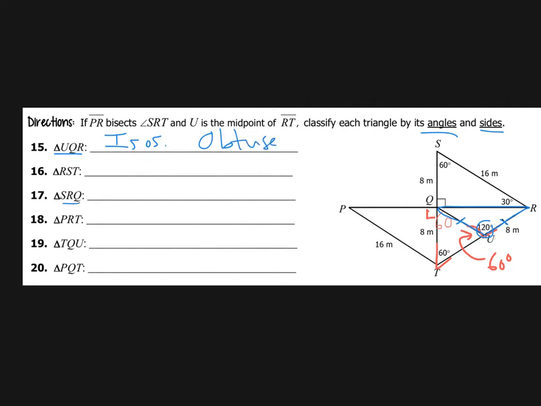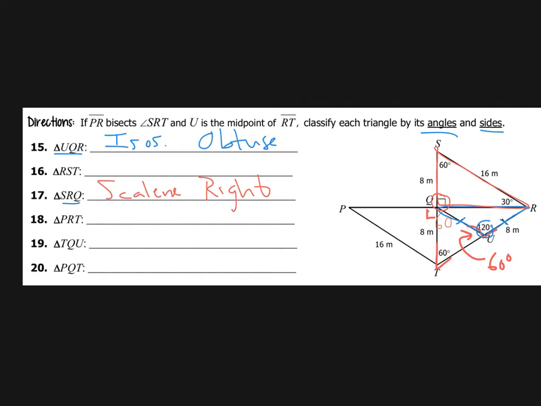The next one I'd like to do is SRQ. So SRQ is right here. Well, we got the right angle, so that's definitely going to be, oops, I'm in the wrong spot. A quick correction there. So we definitely know it's right. I don't know anything about the side lengths, so I guess I'm just going to say that that's scalene.